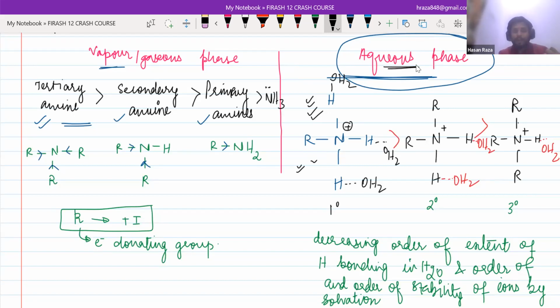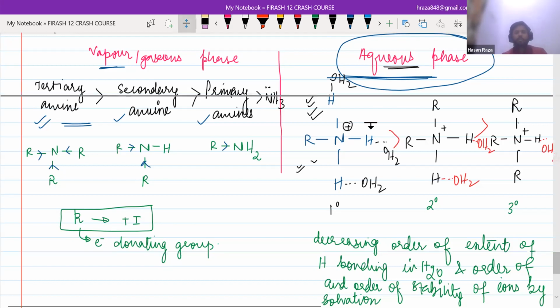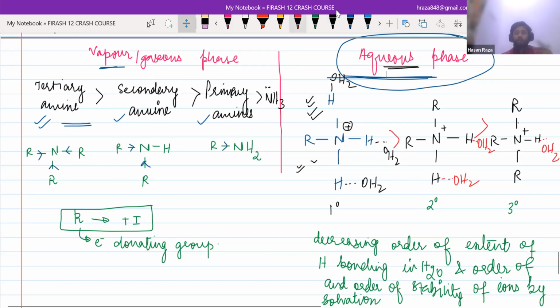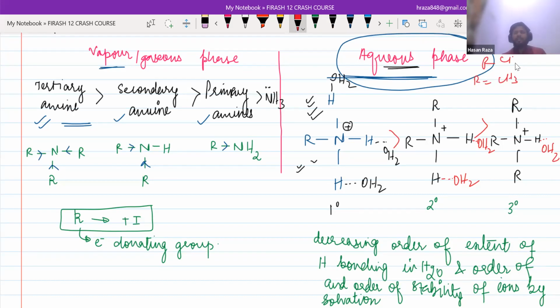So there are two factors that come into play. The first one is the plus I effect, and the second one is this hydrogen bond. And it depends upon which alkyl group you are using, either methyl or ethyl or anything. So please do write it, then I will show you and we'll move to that.